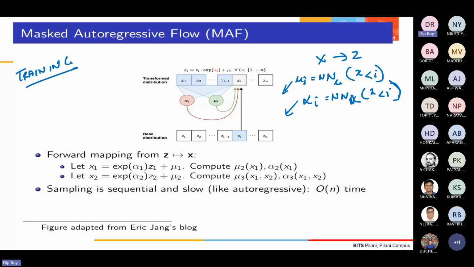However, during sampling, we must generate X1 and X2 sequentially because we do not know all the X's. So what has happened here is, in the case of forward mapping, in the case of training, your training is fast, but your sampling is slow.